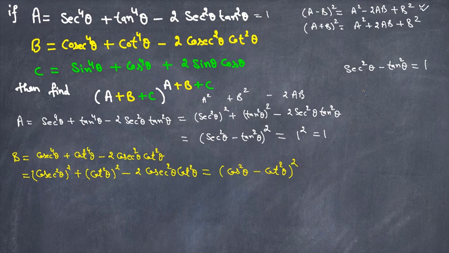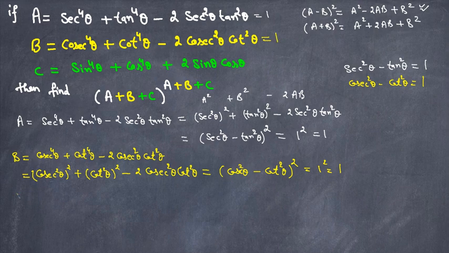Okay, and from trigonometric identities, cosecant, not cosine, cosecant square theta minus cotangent square theta is equal to 1. So this gives me 1 square is equal to 1. So b value is also equal to 1.